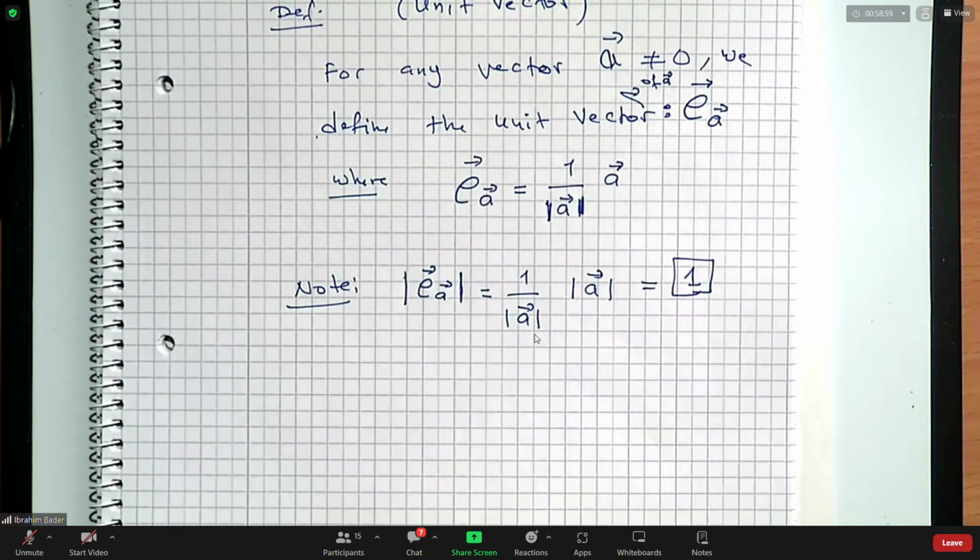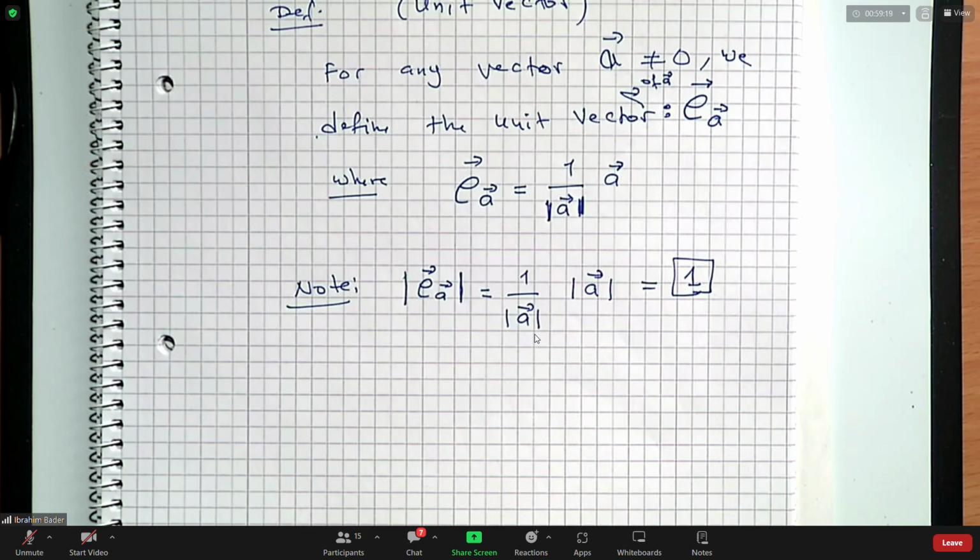Okay, so far we defined vectors. We defined a couple of operations on vectors: addition, subtraction, and multiplying by a scalar, a constant. And we defined the magnitude of a vector.